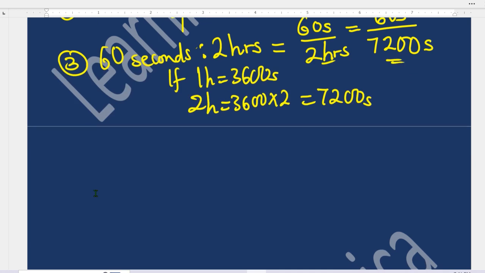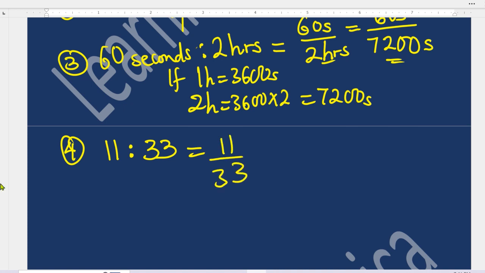Now, let's express the next ratio as fraction. 11 is to 33. Write it as a fraction, that's 11 over 33. We are only expressing ratio as fraction. We are not expressing it in its simplest form, just rewriting it as a fraction.